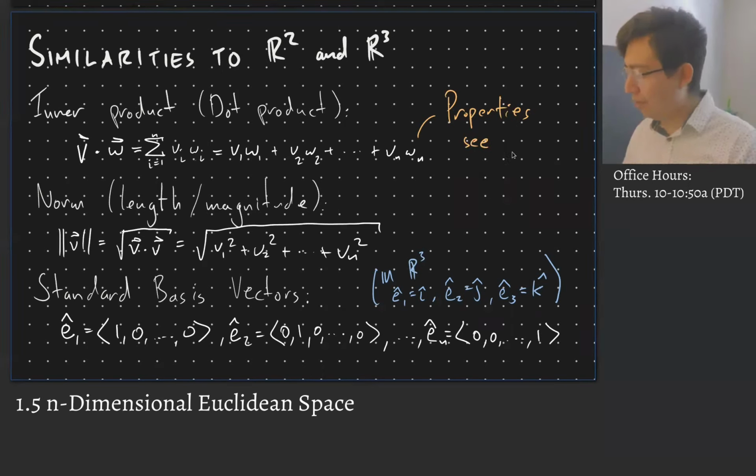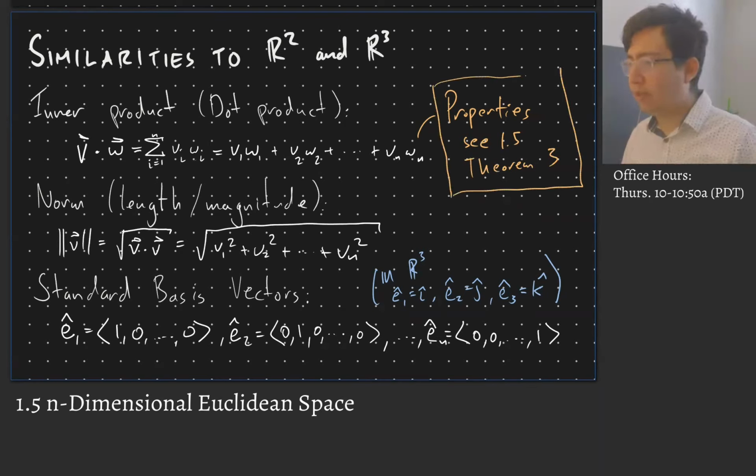But if at some point you're doing something with the dot product and you're wondering why it isn't working, and you want to look at some properties of the dot product, you can look in section 1.5. There's a theorem, theorem number 3. I didn't write down the page number, but it's in the textbook. It talks about the dot product and what properties it has, so you can look at that there. Okay, cool.